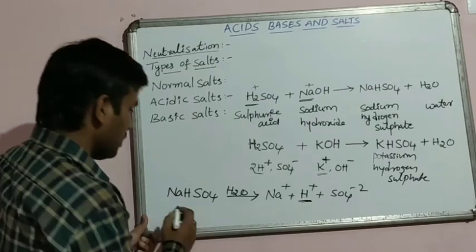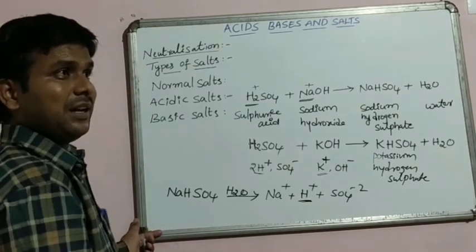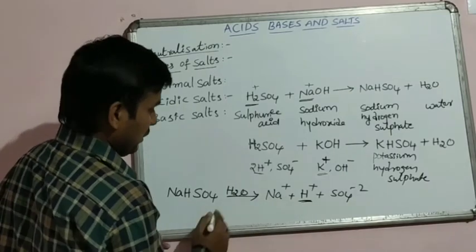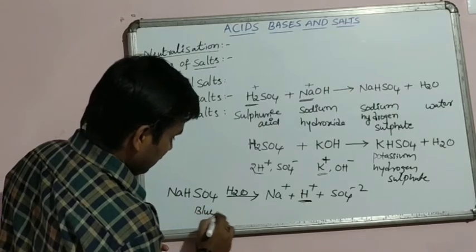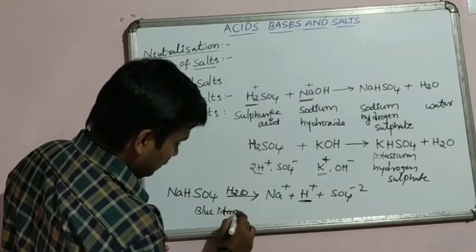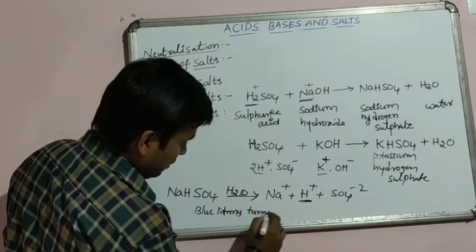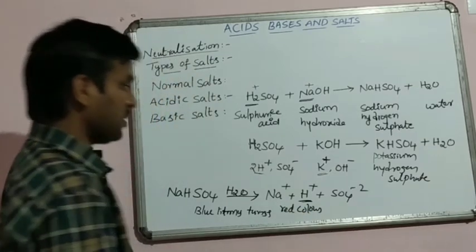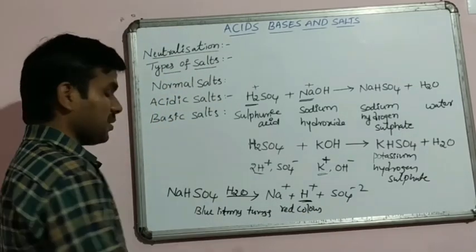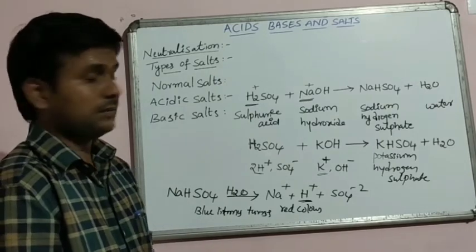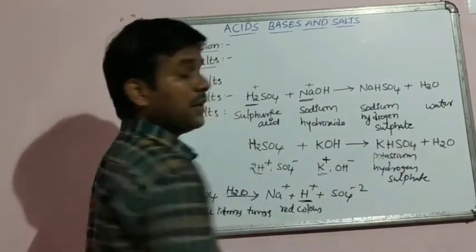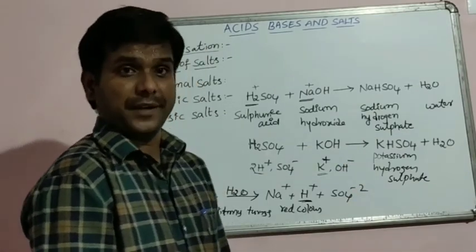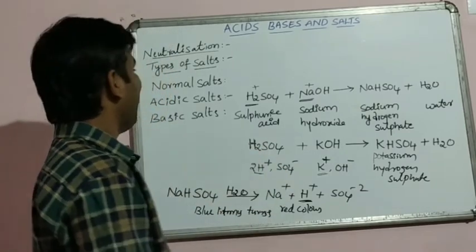Also, with litmus paper as an indicator, blue litmus turns red. Based on these properties, we say this is an acidic salt. Same like that, potassium hydrogen sulfate also dissolves in water to give K plus, H plus and sulfate ions. These are the examples for acidic salts.